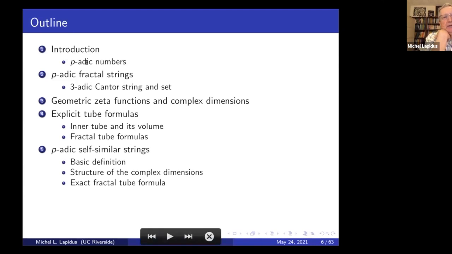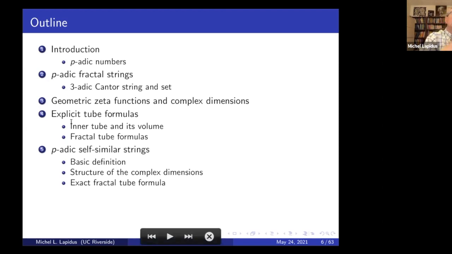And at least I will introduce in the first part the notation that I will use to discuss fractal strings, p-Adic fractal strings. We'll discuss the important example, a motivating example of the Cantor string, the three-Adic Cantor string, which is not the same as the ternary Cantor string. And then discuss the notion of geometric zeta function and their poles, which are called the complex dimensions.